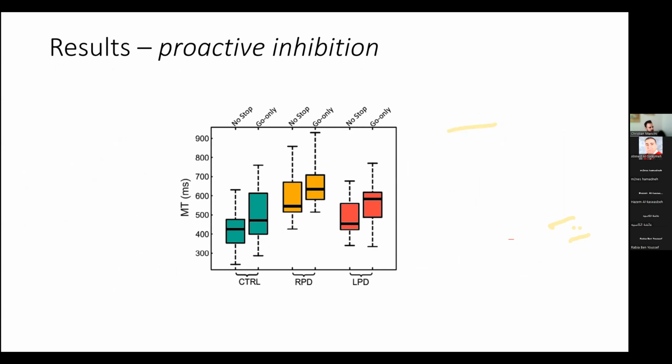There is a difference again overall about movement times, but there is also a difference in context effect. In all 3 groups, as you can see, no-stop trials are shorter than go-only trials, exactly as you would expect. So in this case, early Parkinson patients have an intact proactive inhibition, but not unimpaired reactive inhibition.